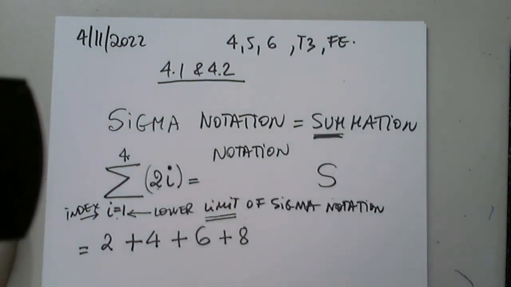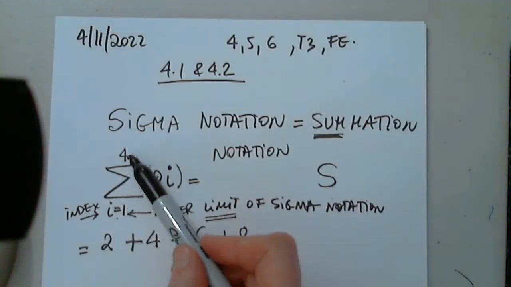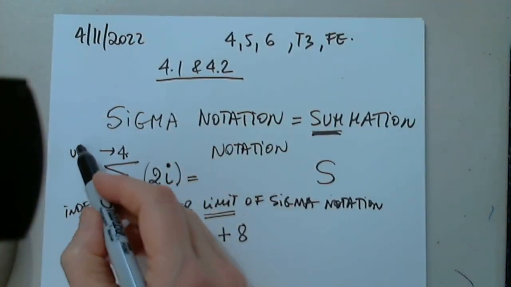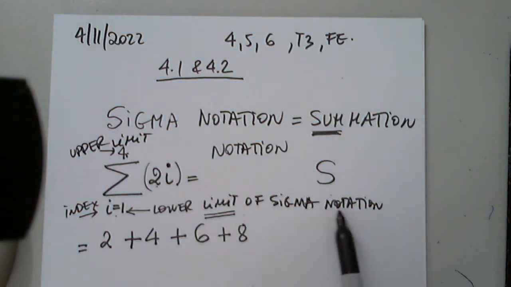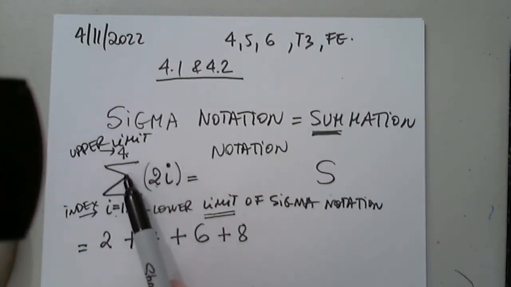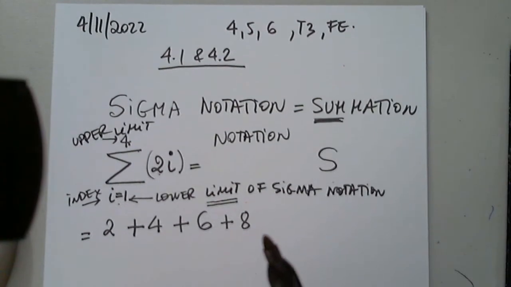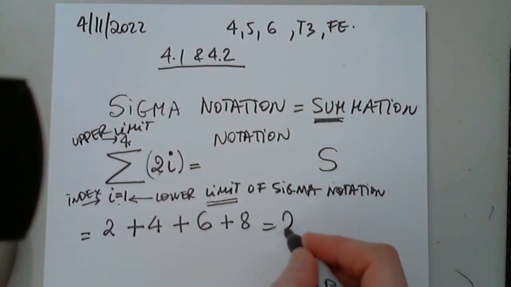It's just the limit of the sigma notation, the lower limit. And what is the upper limit? 4. Upper limit of the sigma notation, or if you want, upper limit of the index from i equals 1 through 4. And this is the sum. So this is 10 and this is another 10, so the answer is 20.